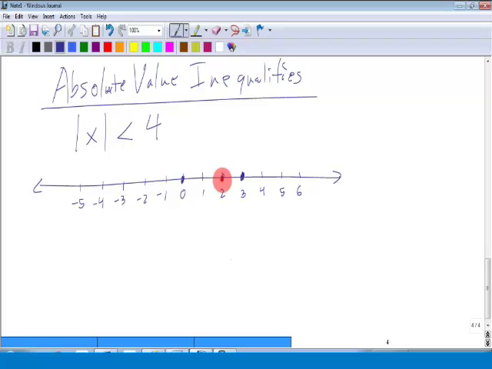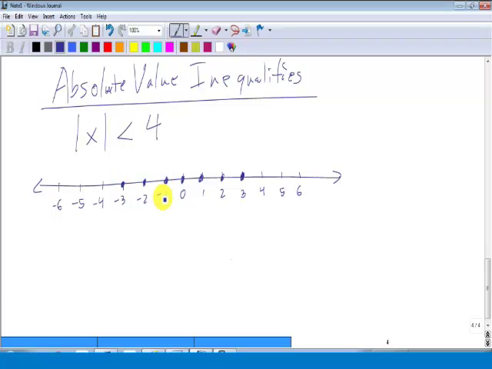2. 2 has an absolute value of 2, and that's less than 4. A few more. 1. 1 has an absolute value of 1. That's less than 4. Is that all? Negative 2. Yes. Negative 2 has an absolute value of 2. That's less than 4. Negative 3 has an absolute value of 3. That's less than 4.